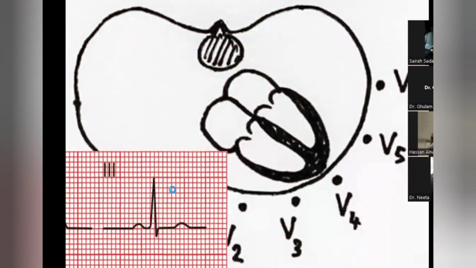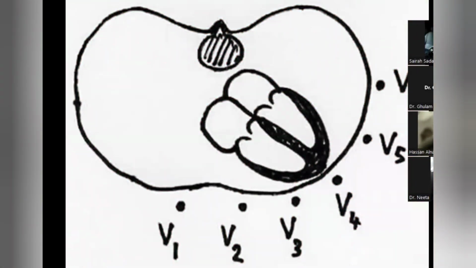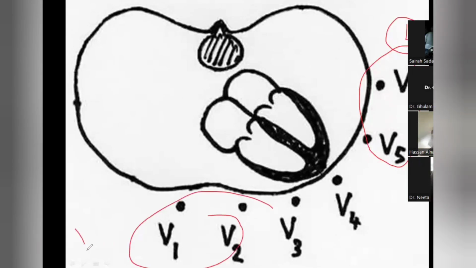So let's go to the chest leads. Now you will tell me, this is your little test. Would there be a positive deflection or negative deflection in lead V5 or V6? These are the left leads. V1 and V2 are the right leads.